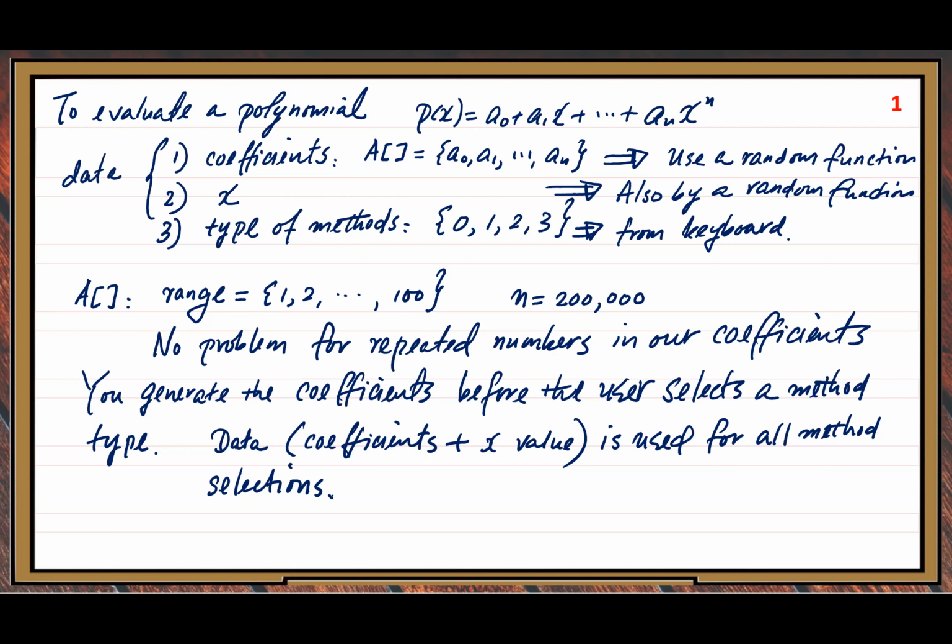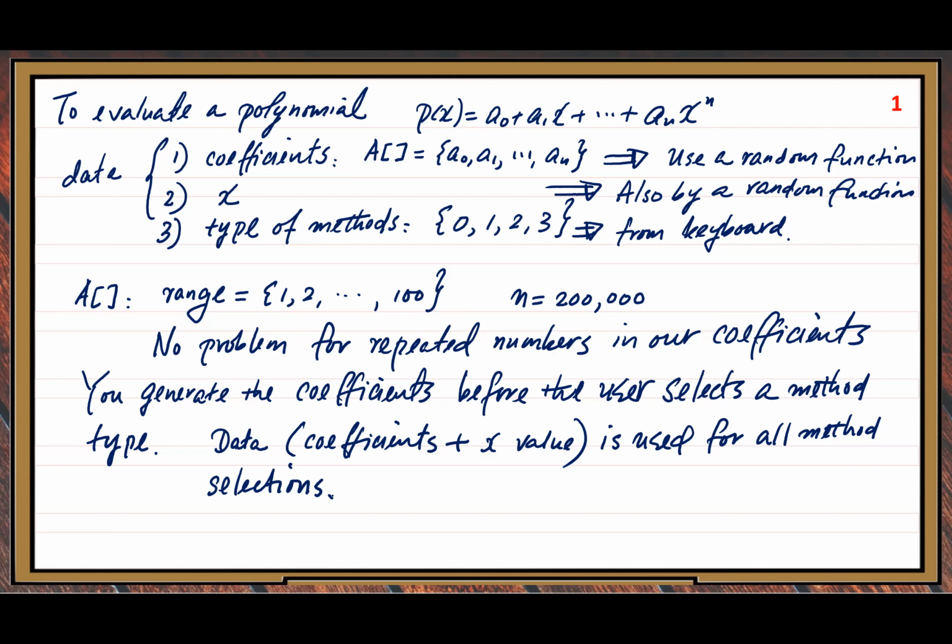You just store in your variables, ready for the remaining executions. Then you print out a menu asking the user to select one of the three methods, right?